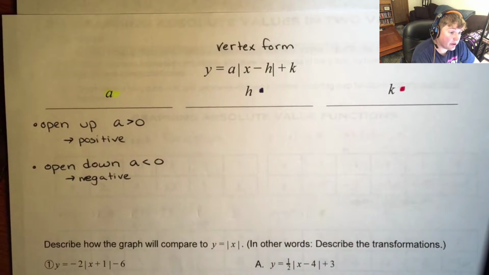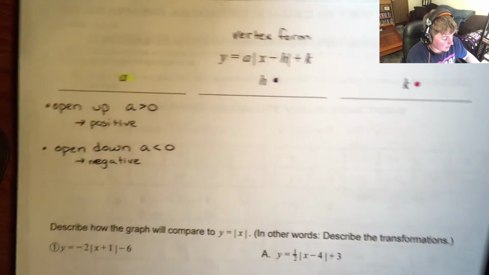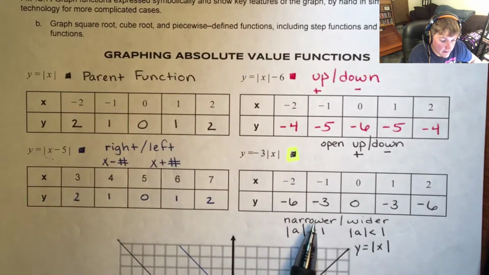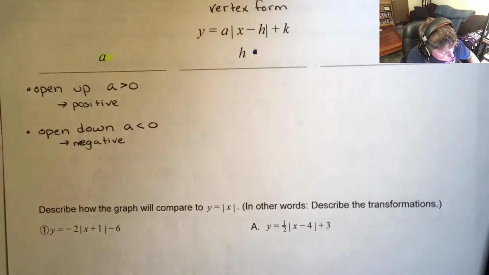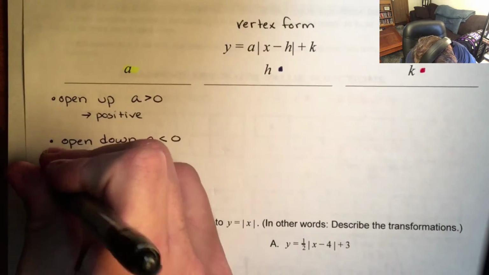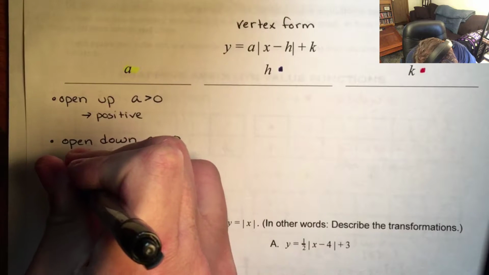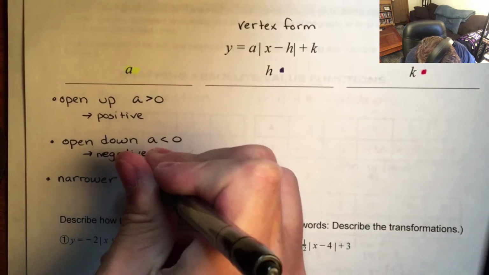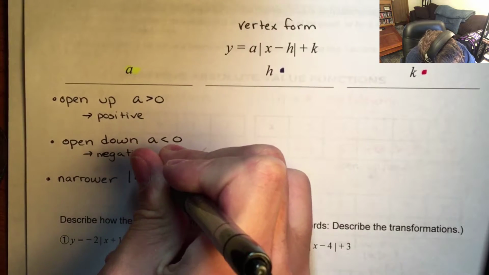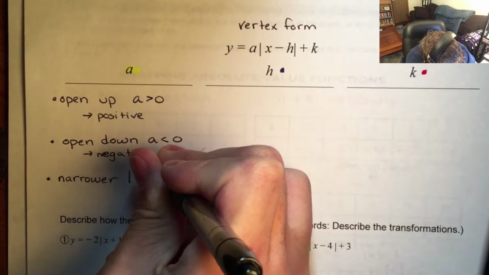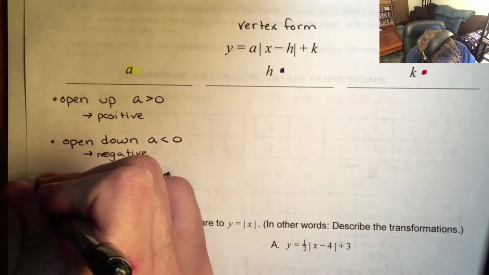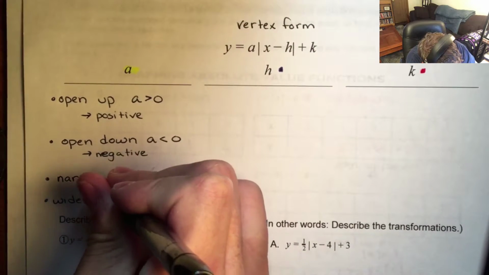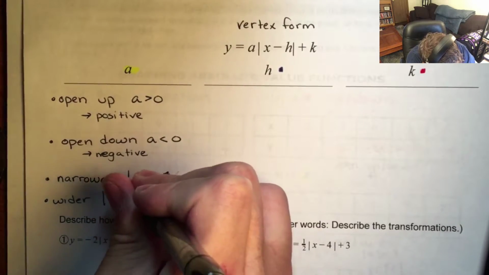It does do other things, right? It also made it narrower and wider, and we completely said exactly how and why. It's going to be narrower when the absolute value of a is greater than 1, and it's wider when the absolute value of a is less than 1.